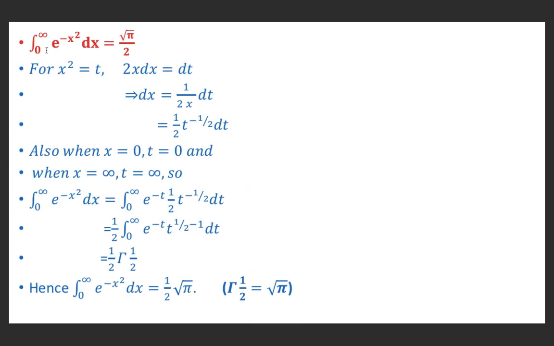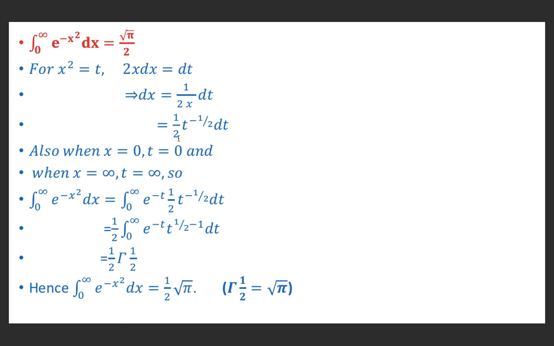Now we will show that the integral from 0 to infinity of e raised to power minus x square dx is equal to under root pi upon 2. If we substitute x square equal to t, then 2x dx equal to dt. It means dx is equal to 1 upon 2x dt, and x is nothing but under root t.